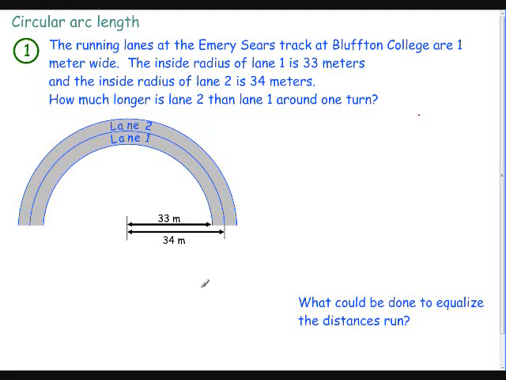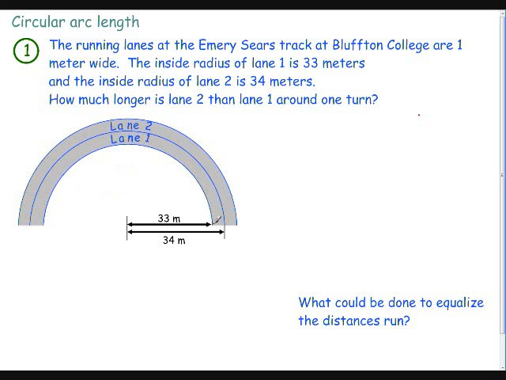So if we look at the inside diameter of each of these, we'll see that the inside track has a radius of 33 meters. The outside track has a radius of 34 meters. How much longer is lane 2 than lane 1 around one turn?